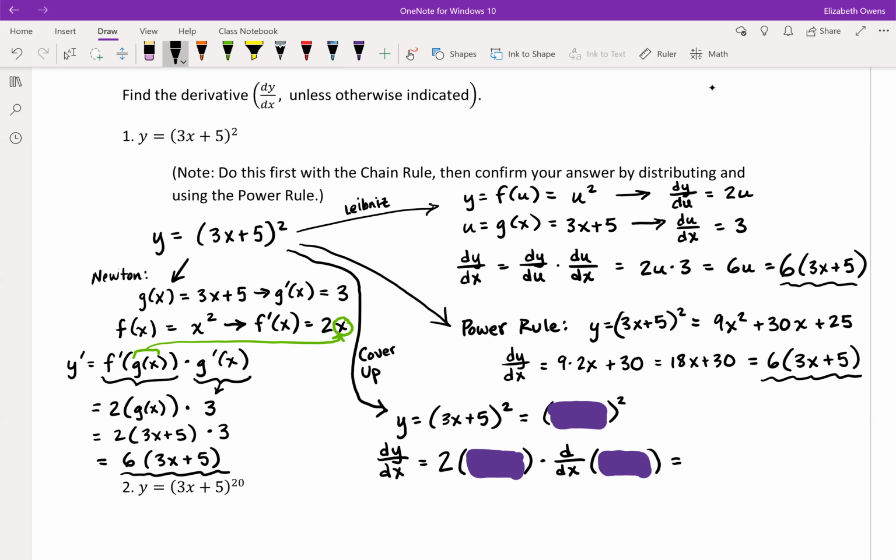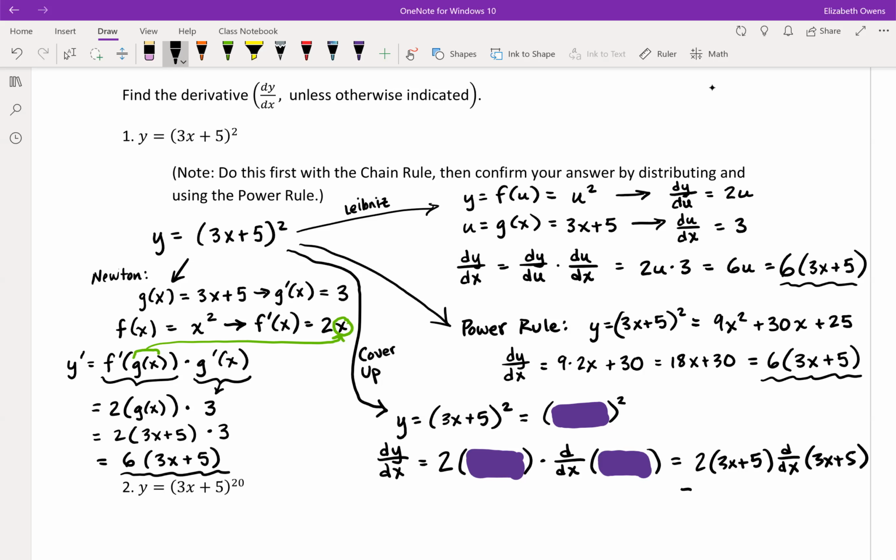So then you would uncover whatever you were covering up. So just erase that purple block. When you uncover it, you see that, oh, that purple block was 3x plus 5. I'm going to recover that for the notes. But you put it back in here: 2 times (3x plus 5) times the derivative of (3x plus 5).